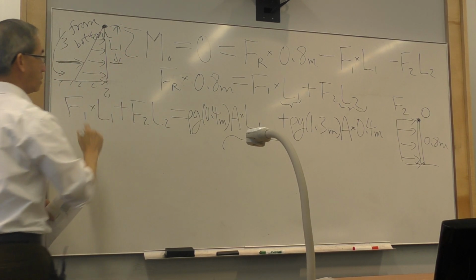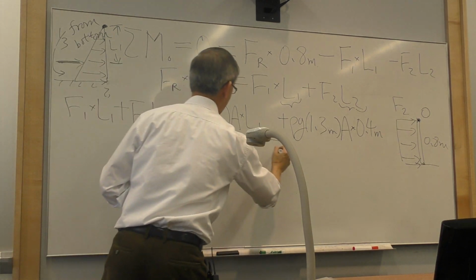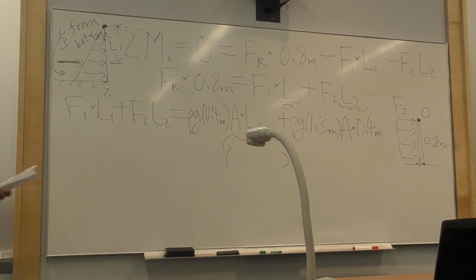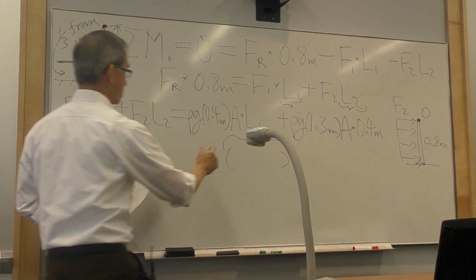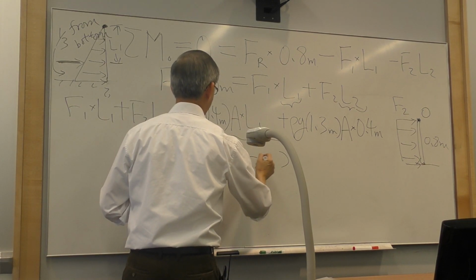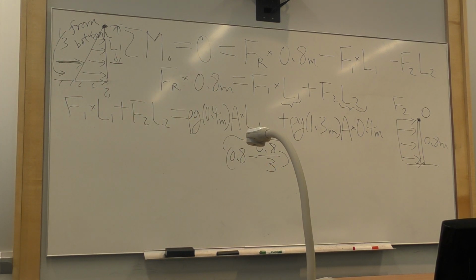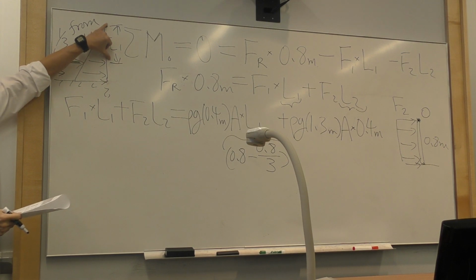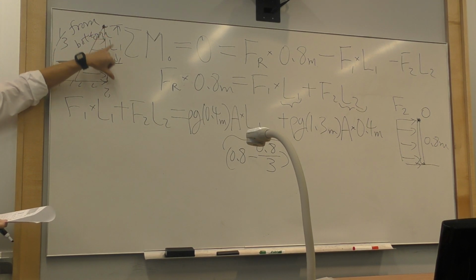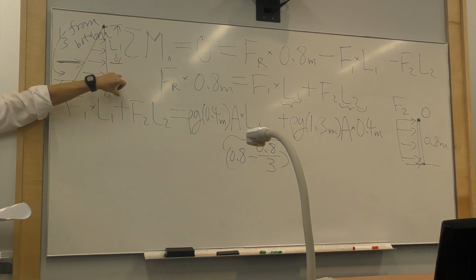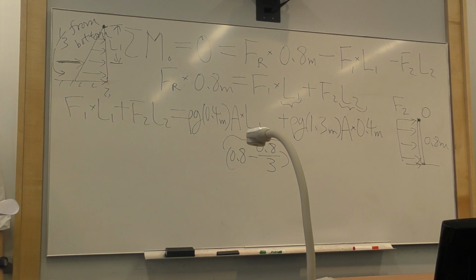Now from that, can you get me the moment arm L1? What would that be? Something from the diagram? It's the overall height, which is 0.8 meter, minus 1/3 from the base.